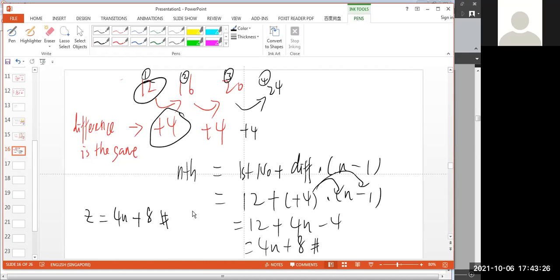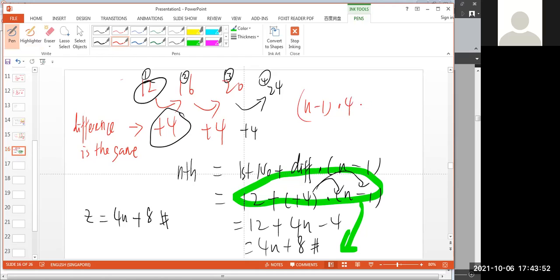Yeah, here. But I got n minus 1 times 4 plus 12. Yep, I know, but you need to simplify. Simplify means you open the bracket. Just now you said n minus 1 times 4 plus 12, right?